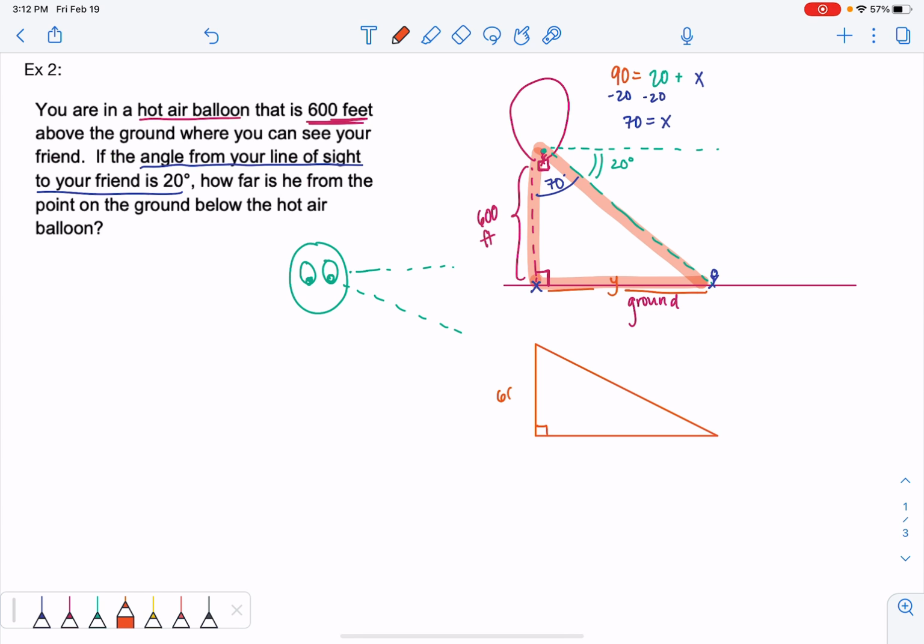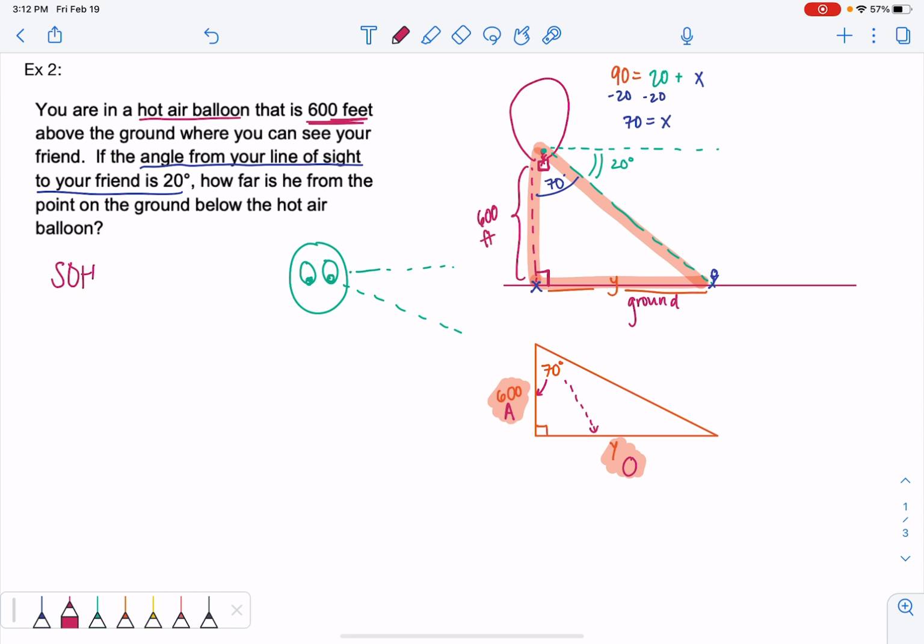Right angle, 600, 70 degrees, and Y. So this time we want to find a side length. We still label our sides all the way across. O, next to A, we have A, we have O.